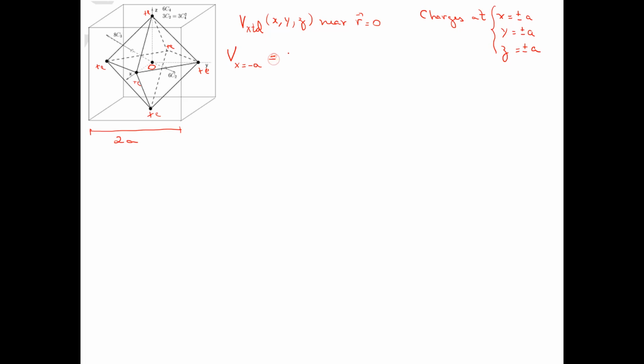So essentially I have to, let's use CGS units here, I have to calculate this quantity where R prime is essentially R plus a x hat, right?